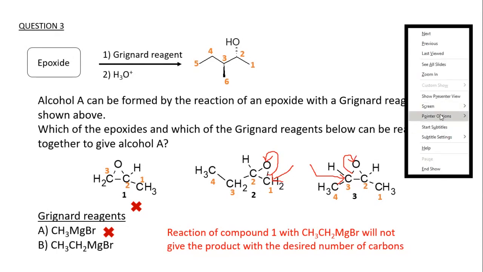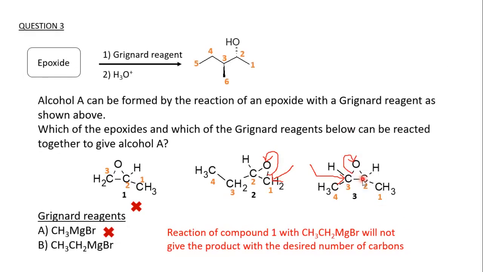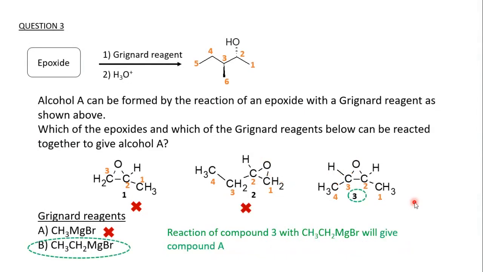And so what we're going to end up with is that this carbon would have the OH on it, whereas this carbon would have all the carbons from the Grignard reagent. And so this is what will give us our product, where we have a carbon with an OH on it and a CH3 and an H, and then this carbon would have a methyl substituent here and an ethyl chain that gets added. So epoxide 3 is going to be our starting material.